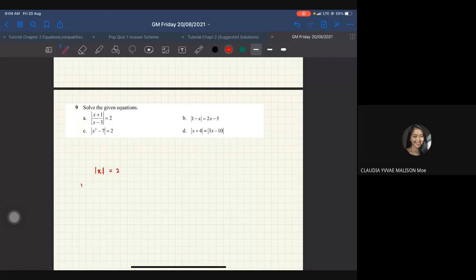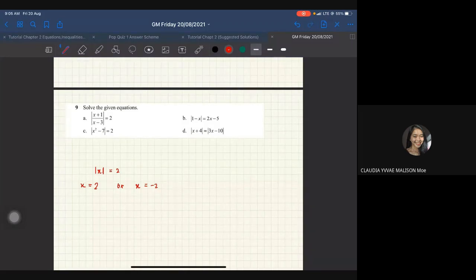So satu awak akan salin sahaja apa yang ada di dalam modulus, and then buatkan dia equal to 2. So this one is a positive. And then for the second one, awak ada X is equal to negative 2. So satu nilai yang positif, satu nilai yang negatif. Just like that untuk equation.